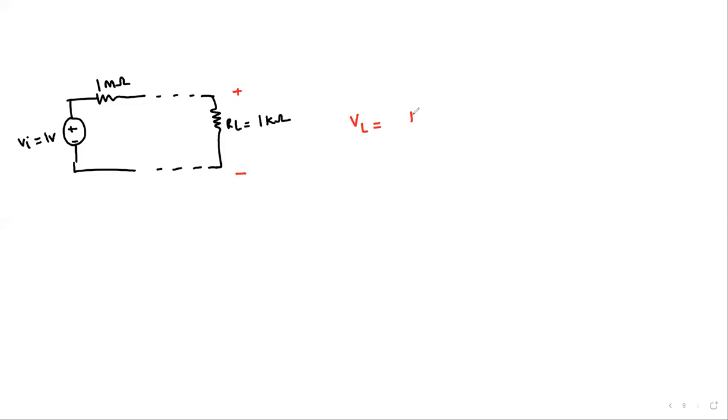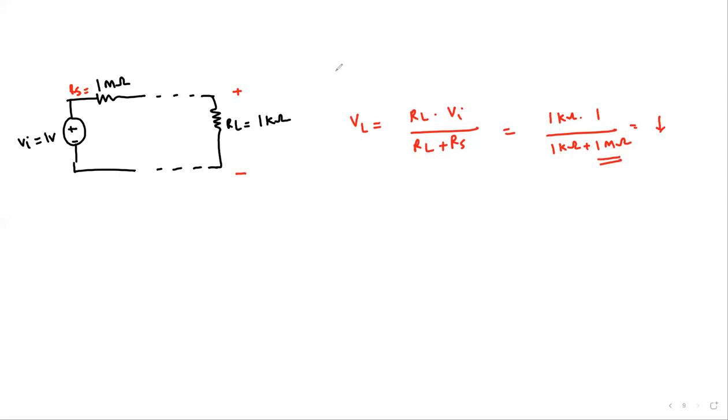VL would be RL times VI divided by RL plus RS. This is RS actually. We plug in the values: 1K times 1 volt, over 1K plus 1 mega. So we see here VL is only a fraction of VI. VL drops because this denominator has a large value.